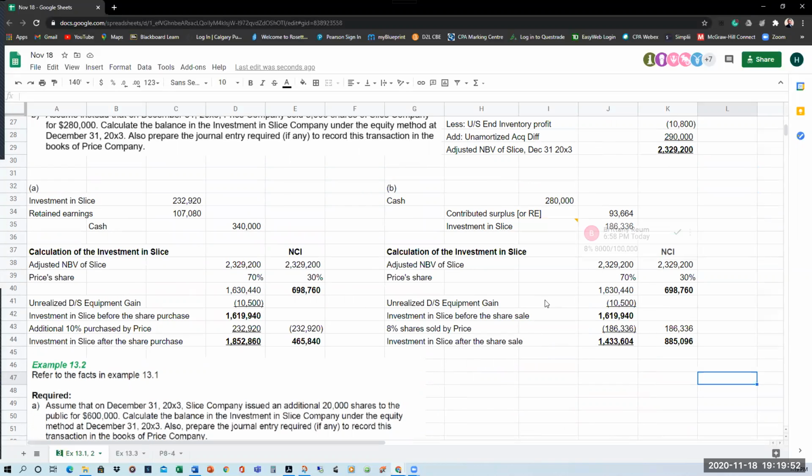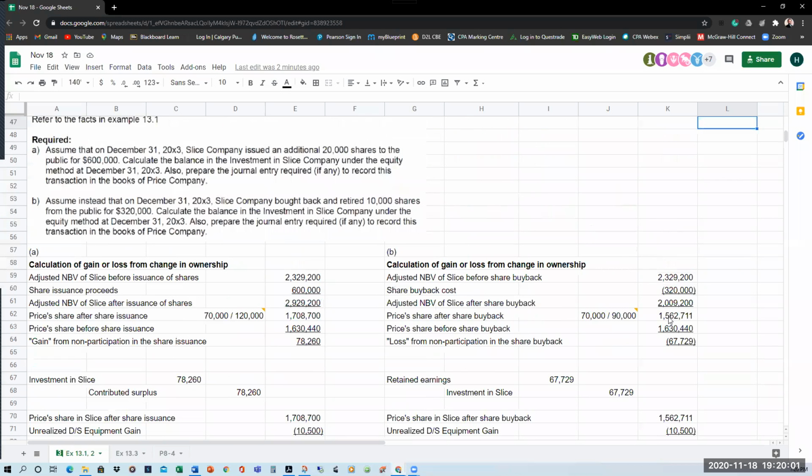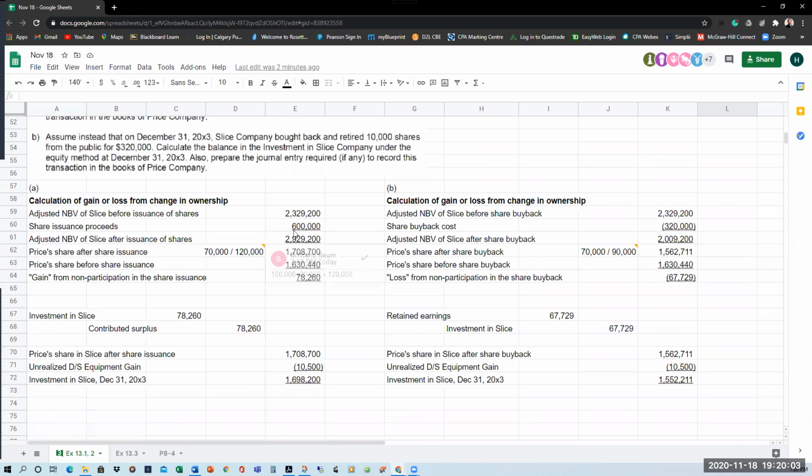Here we calculated the adjusted net book value, and the rest of our math was based off of that number. Whereas in the case of the subsidiary issuing new shares or buying back shares, we had to calculate a revised amount for the subsidiary's book value after the additional share issuance or share buyback.